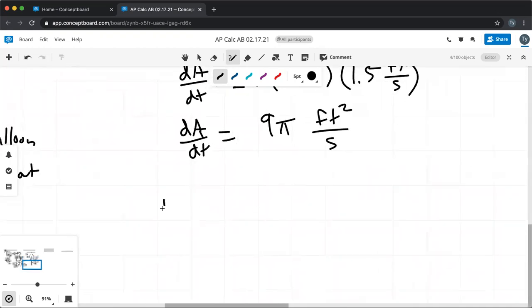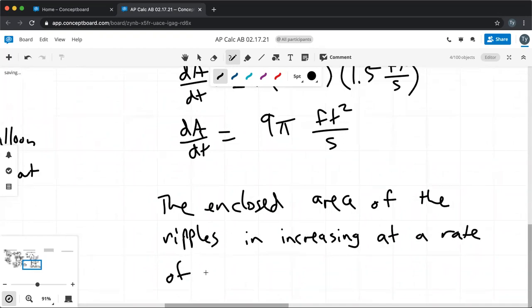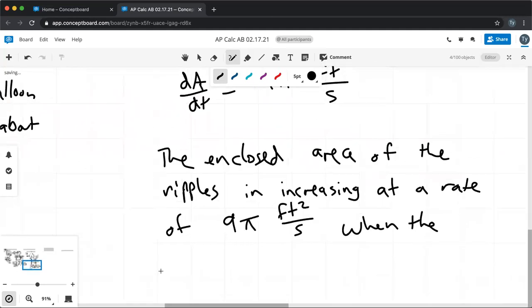So we can do that by saying the enclosed area of the ripples is increasing, again, increasing because this is a positive rate of change, at a rate of 9 pi feet squared per second, excuse me. And this is the key part, when the radius is 3 feet.